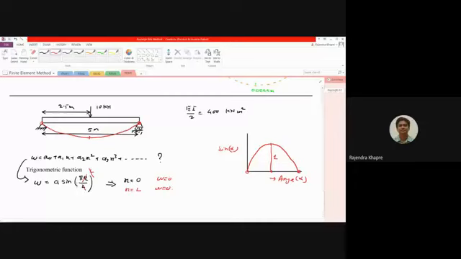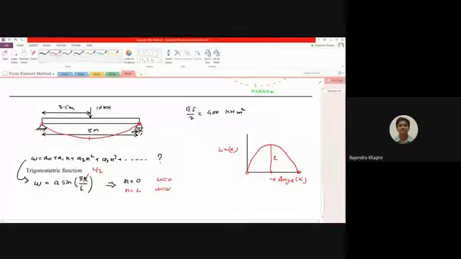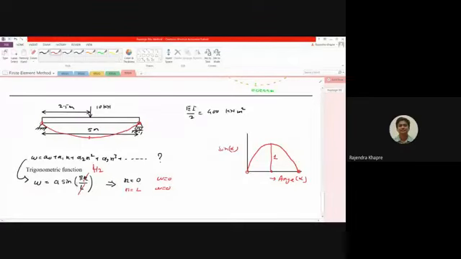At the same time, if you substitute the value of x as L by 2, L by 2 means at the center. Here earlier there was L over here. So if you substitute x as L by 2, this L and this L will be cancelled, and it will have the value of sine of pi by 2.